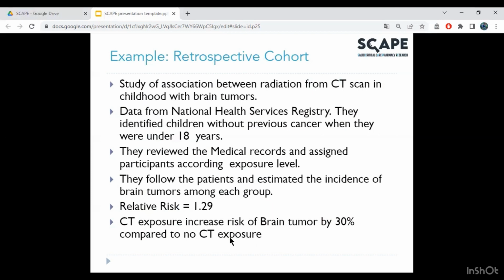So we were able to estimate a risk from a cohort study without suffering the follow-up and the waiting time for the outcome, thanks to the registries and the good database.